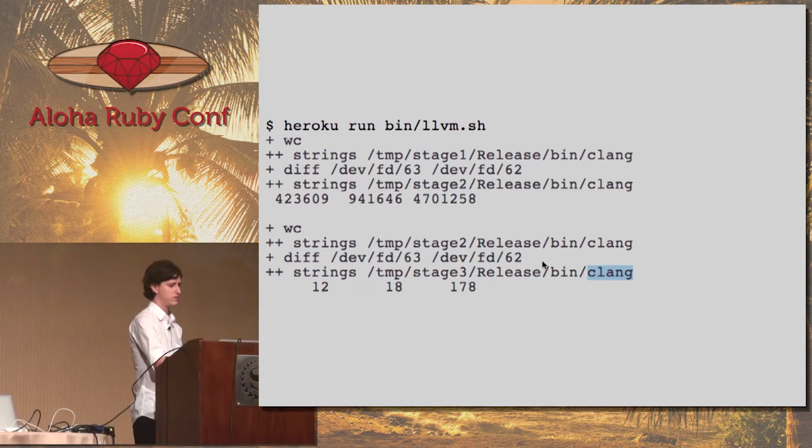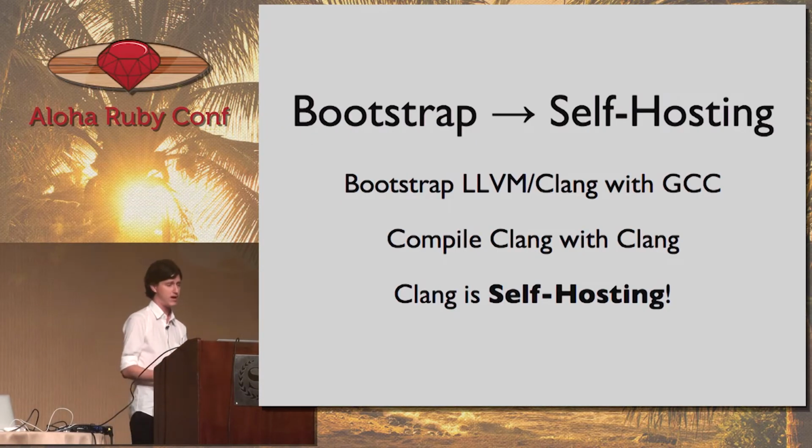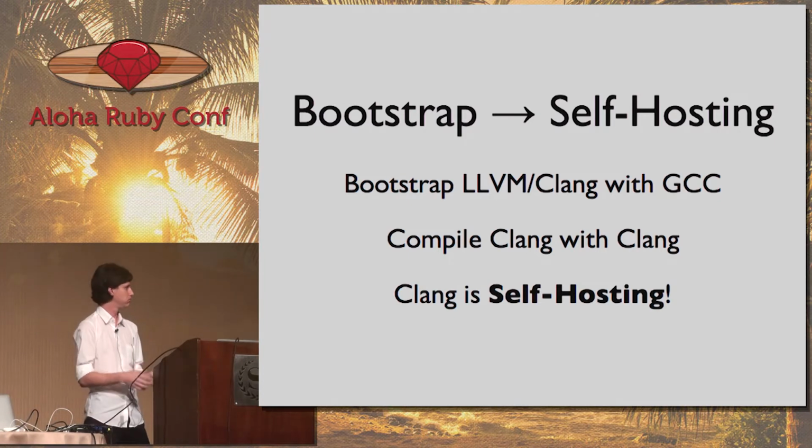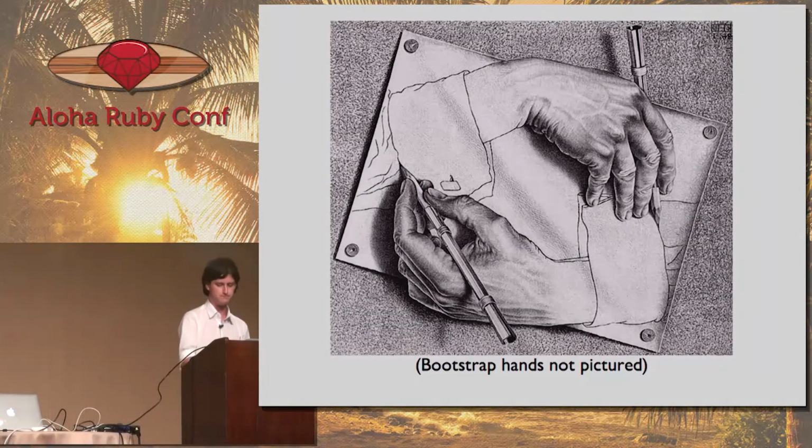And so the correct thing to do in this case is to throw away these other ones and use the stage 3 release. And now we actually have a self-hosted compiler binary that we bootstrapped from the ground up. So we compiled Clang with Clang. This works. Very cool.